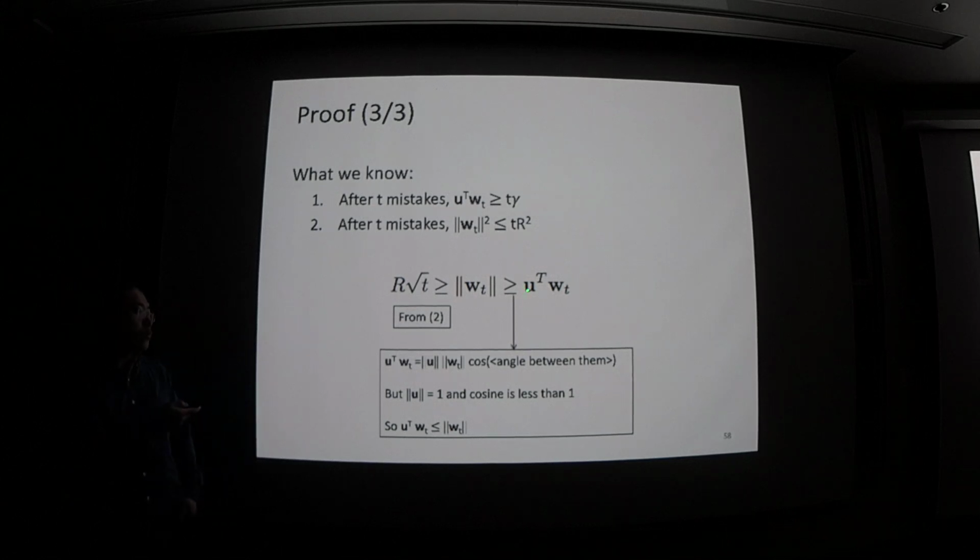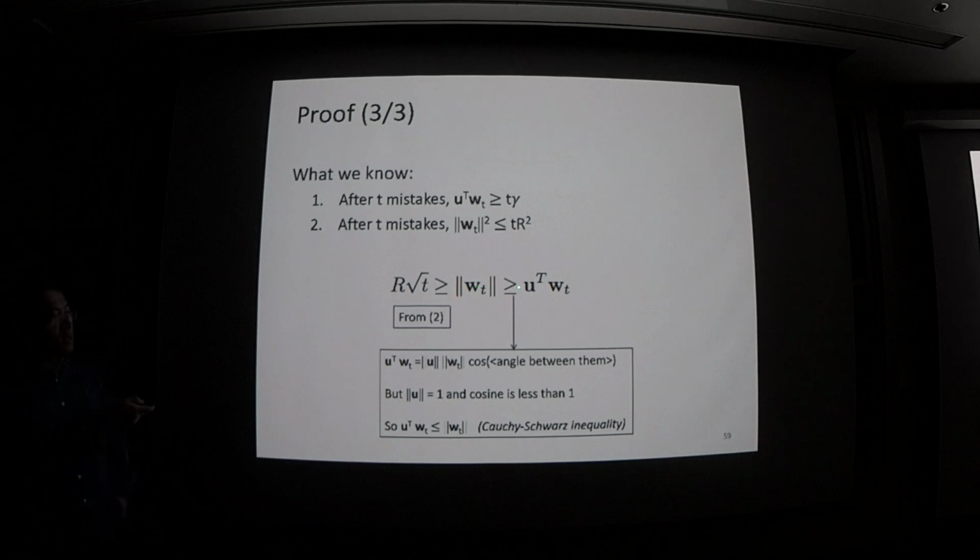And here we have a special case where we require that the vector u is a unit vector. So the norm of u is simply 1. Then we immediately get that the inner product is less than or equal to the norm of w_t. It's just the application of the Cauchy-Schwarz inequality. So the norm of w_t is no less than u transpose w_t. Now we can connect to the first result.